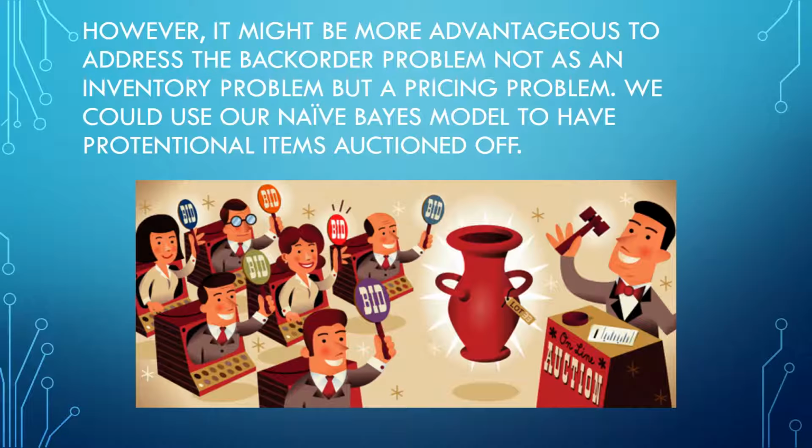So assuming that the transaction costs of putting an item through an auction system is very small, what you could do is take these items that the naive Bayes is predicting would go on back order, and have them auctioned off rather than try and say, okay, we just want to make sure we never run out of something, right?